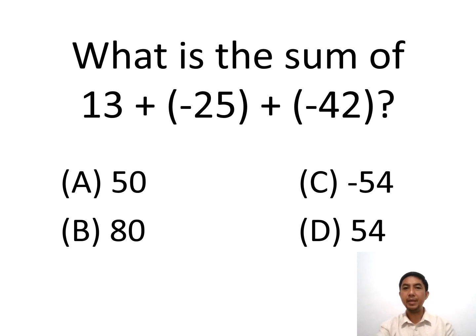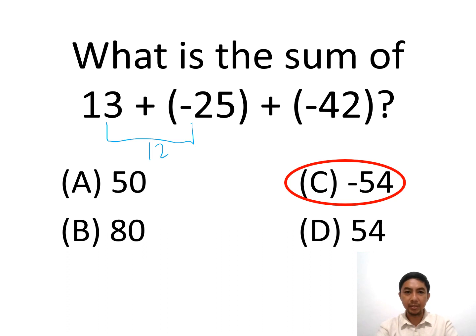So the correct answer here is letter C, negative 54. So we have here 13 plus negative 25. Since the two numbers have different signs, we are going to subtract 13 from 25, and it will give us 12. But since 25 is larger than 13, we copy the sign of the larger number, so negative 12.